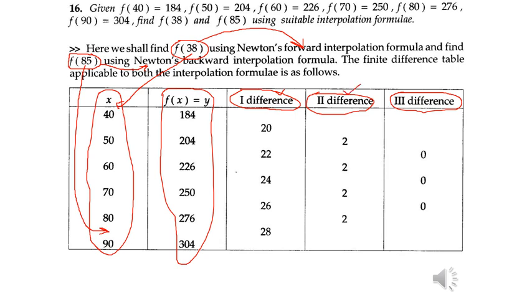Just take first difference, second difference, and so on. Finding these entries will be the same as the previous tables. That is 204 minus 185 will give 20, and so on. In this last column we have got all the zeros, so we need to stop here.